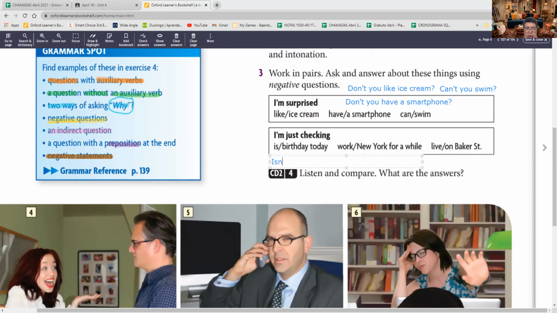Keep going. Isn't your birthday today? Isn't it? Ah, okay. Is your birthday today? Ah, it's that intonation. You need to explain with intonation. Isn't it your birthday today? Yes. You were checking it, but just one thing here about pronunciation.